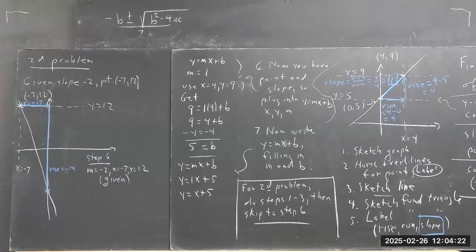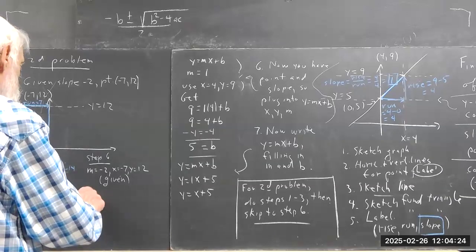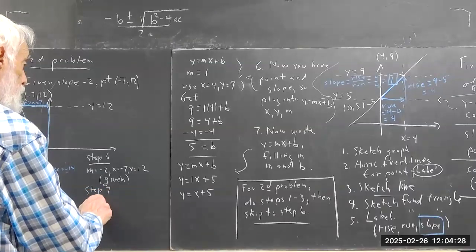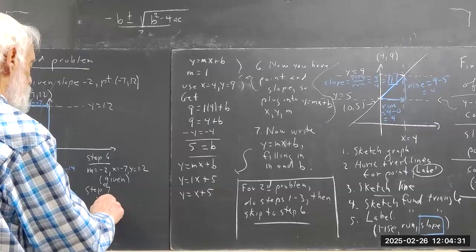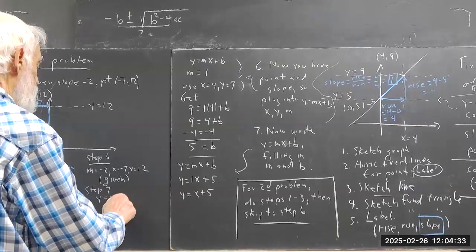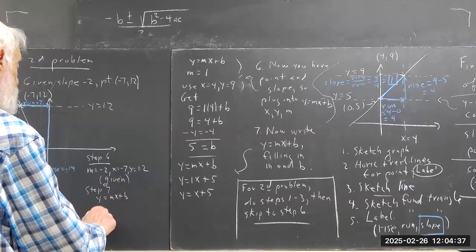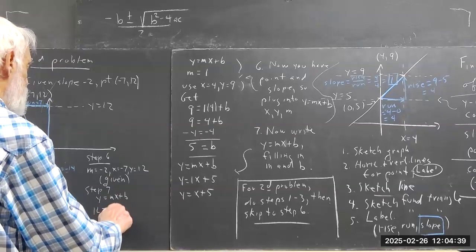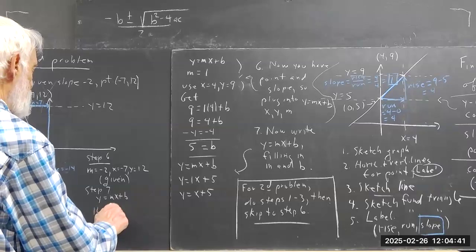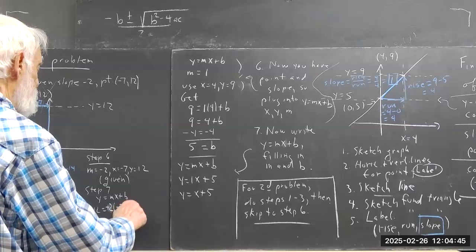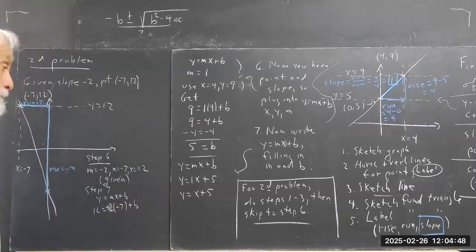So now we go to step 7. y equals mx plus b, 12 equals -2 times -7 plus b.